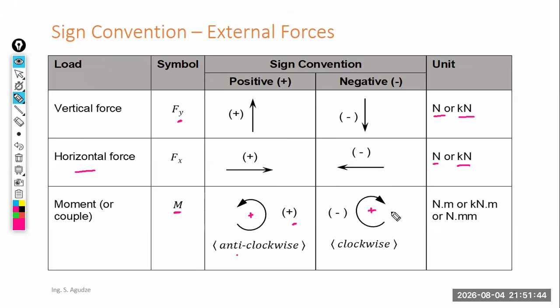And you have to maintain the same sign convention throughout your analysis. You don't get to a certain point, you say anti-clockwise is positive, then the next moment you say anti-clockwise is negative. No. All right. So I'm adopting the right hand rule. So I'll consider anti-clockwise to be positive and clockwise to be negative.